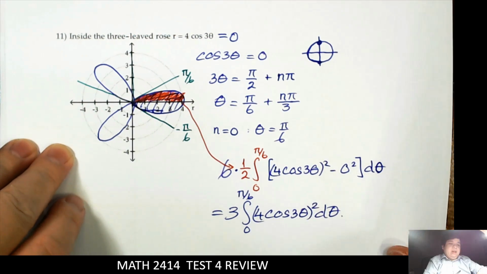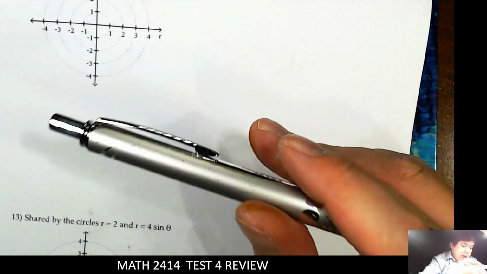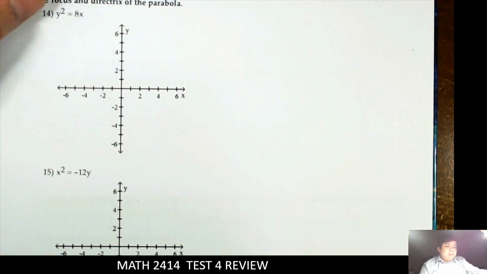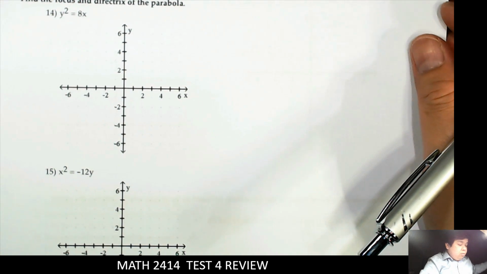Right, so that's what we have for that one. Right. Skip 12 and 13, we have to do that in class. Next we have the parabolas.